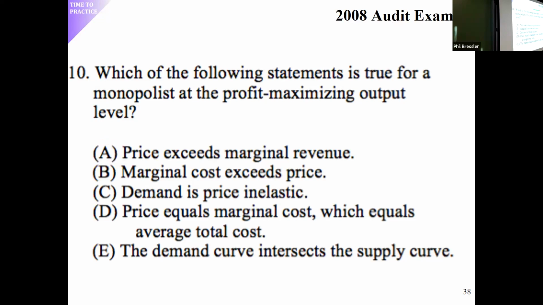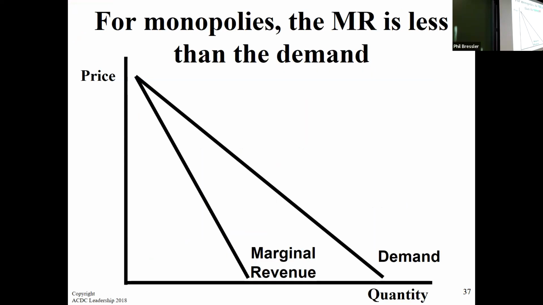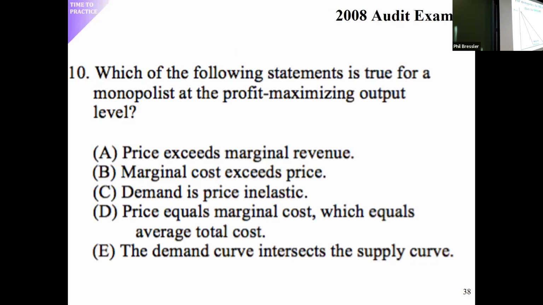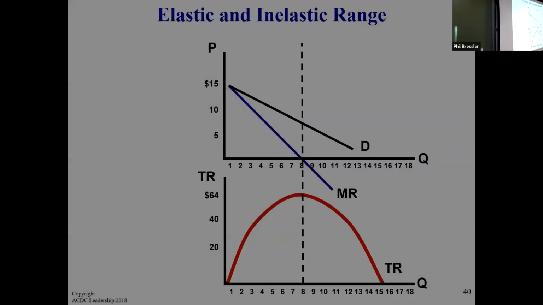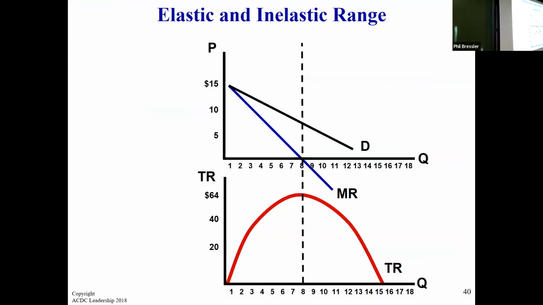So it's one of those where if you use your graph, you're not gonna have a problem. Now, elastic. Remember we kind of had elastic, unit, inelastic. Does anyone remember what happens in the inelastic portion to total revenue if price goes up?